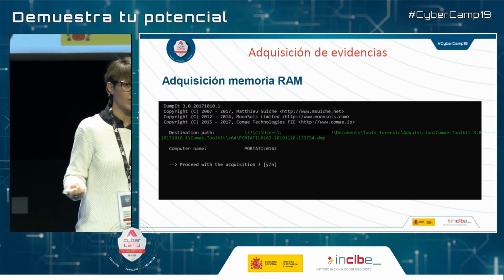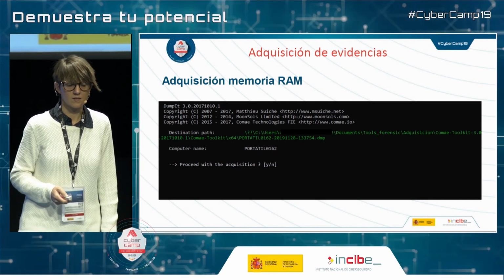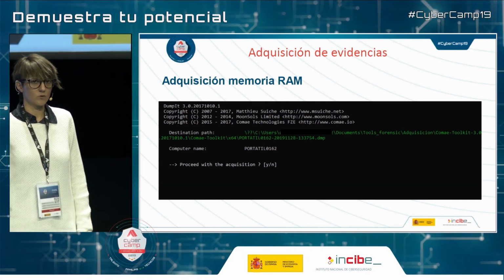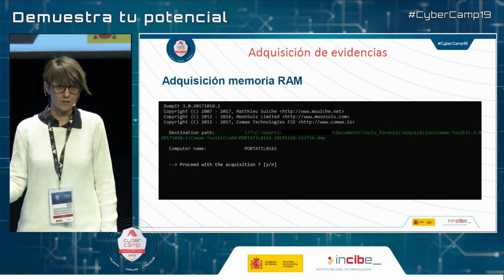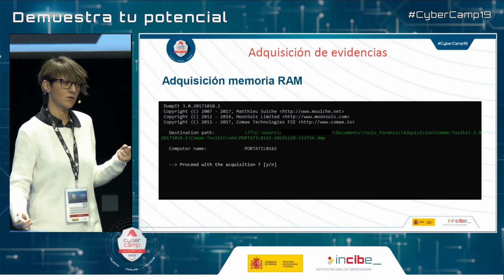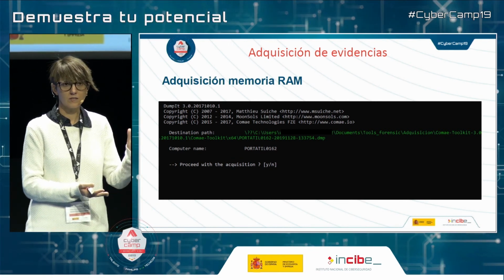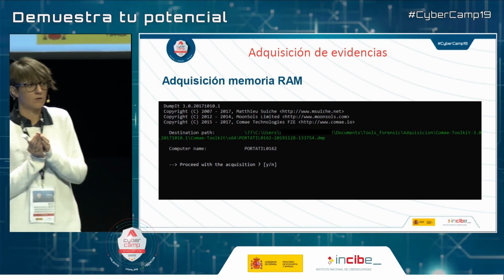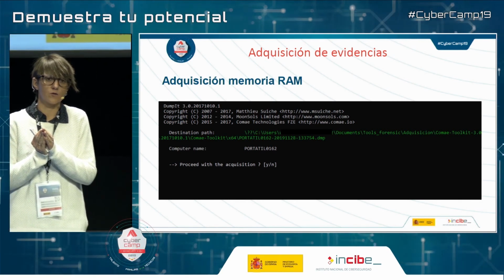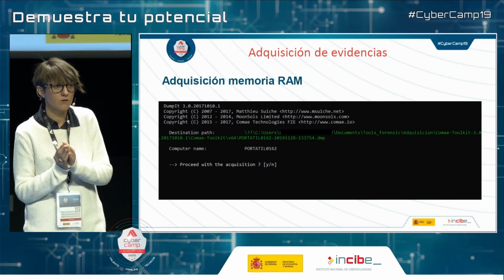Dumpit is a very widely used tool. There are many tools, but this is very widely used. This is one of them. So basically, we would just execute it from our external drive. We get the acquisition done, and how does this happen? We take the whole RAM of the machine and we save it to a file, which is what we're going to analyze afterwards.